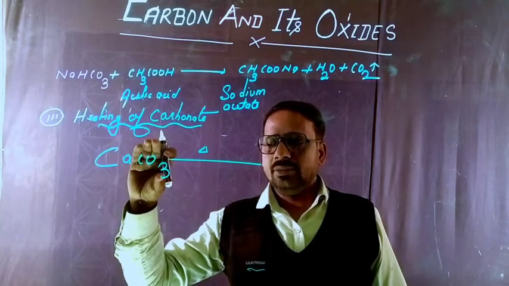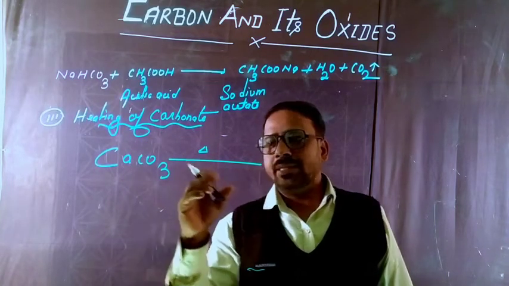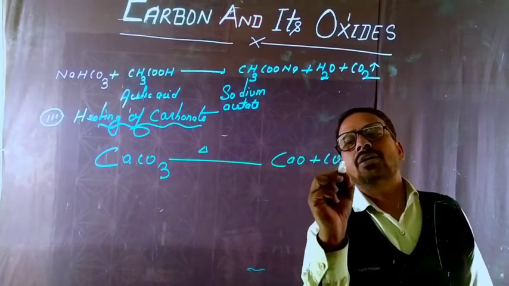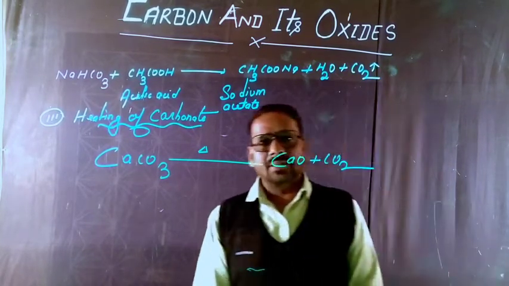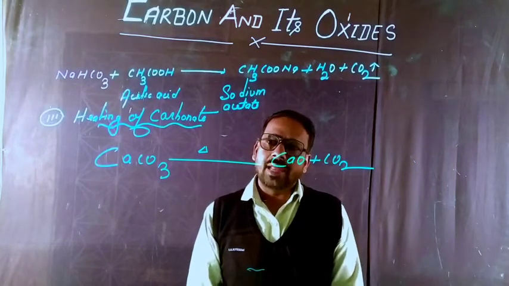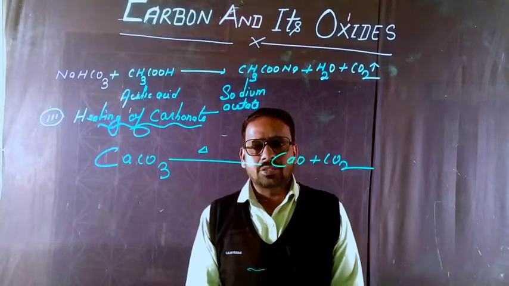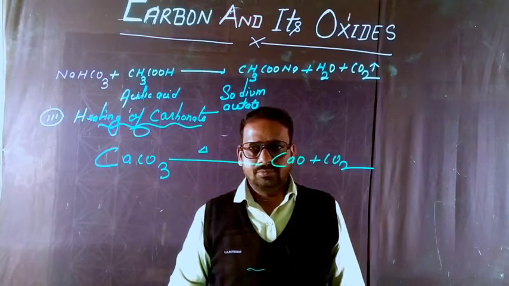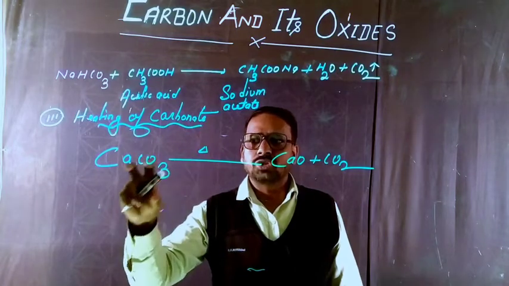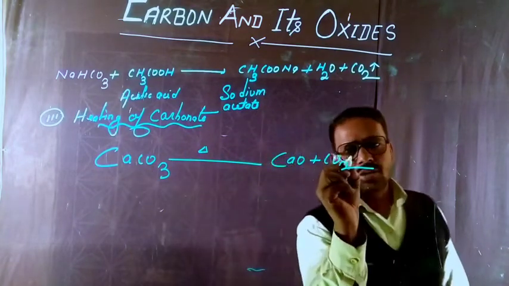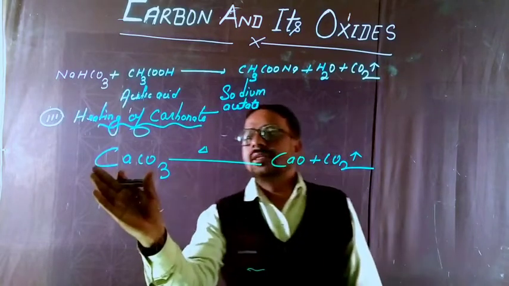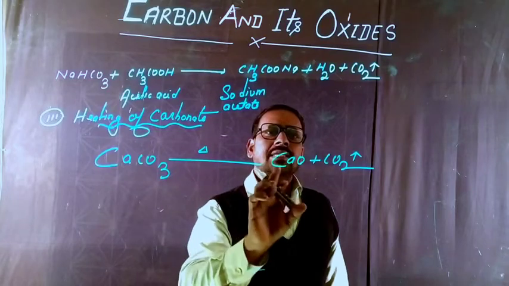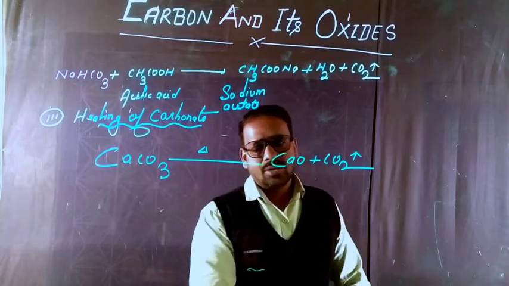Calcium carbonate can be decomposed on heating into calcium oxide plus carbon dioxide. So by this method also we can prepare the carbon dioxide on heating carbonate. This is an example for the preparation of carbon dioxide on heating calcium carbonate. It will decompose into calcium oxide and carbon dioxide.